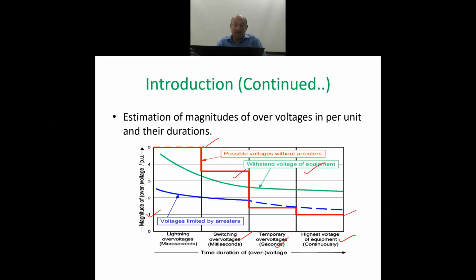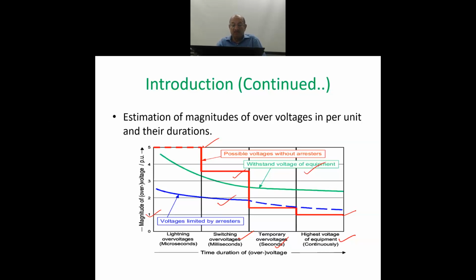So this blue line, as you see it here, shows the voltages limited in the network with the help of lightning arresters, because lightning arresters divert the peak value of the overvoltage towards the ground.